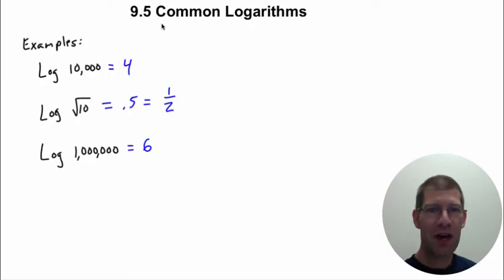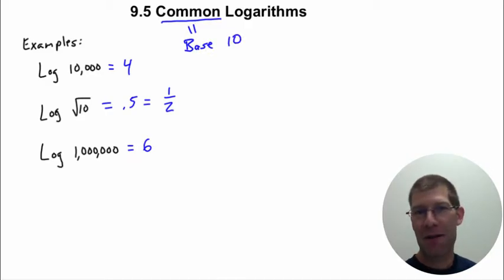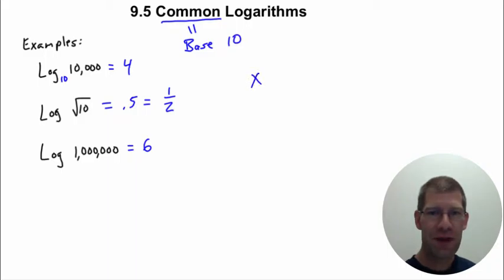And what a common logarithm is, we talked about logarithms in section 7, but a common logarithm is going to be base 10. And whenever you have a common logarithm or a logarithm with base 10, you can just punch it into your calculator like we did a minute ago. It's kind of like if you have, say, x. You could have an x squared, you could have an x to the third.